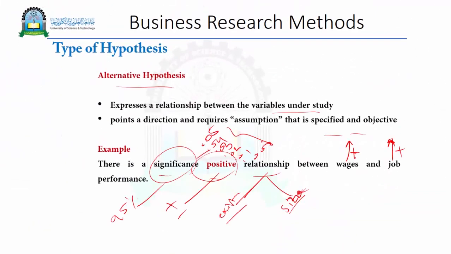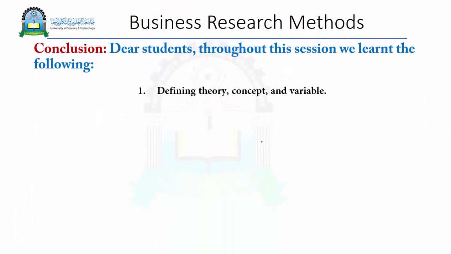These indicators can explain and can depict the relationship, and can show the researcher whether he can accept or reject the hypothesis. So dear students, throughout this session we learned the following: defining the theory, concepts and variables, and we understand the differences between concept and variable.